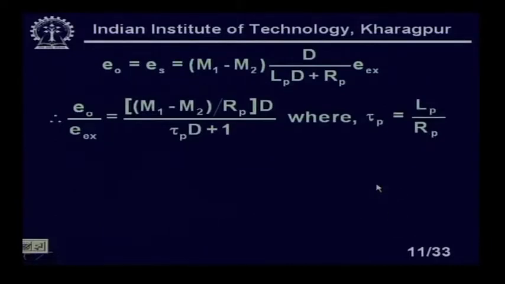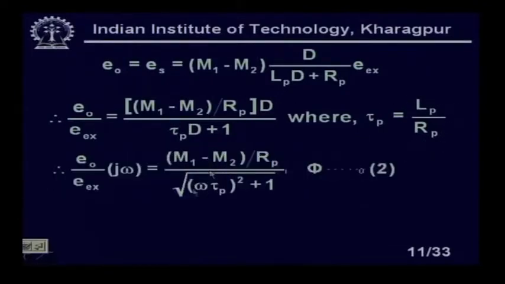Now, I can write E naught by Ex, the output voltage by the excitation, normalized, as (M1 minus M2) by Rp (tau p D plus 1), where tau p equals Lp by Rp. This is the time constant, so this is a first order system with time constant tau p.